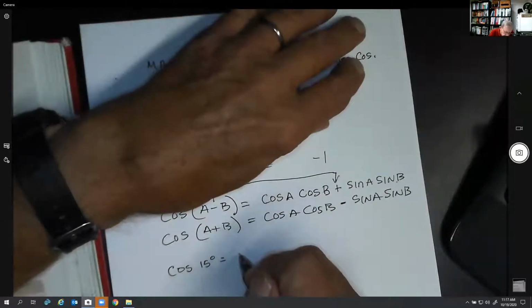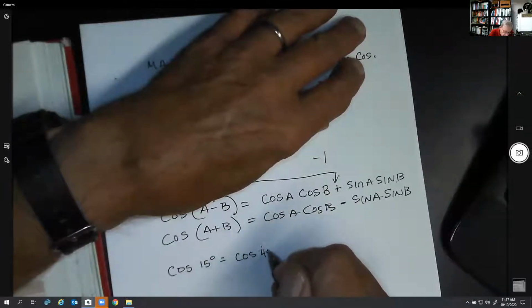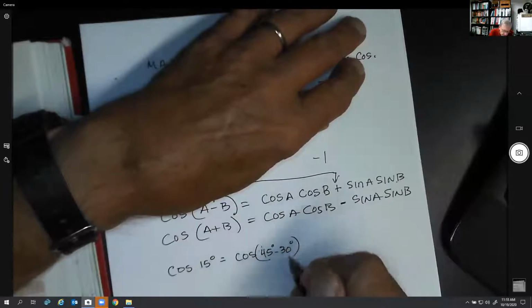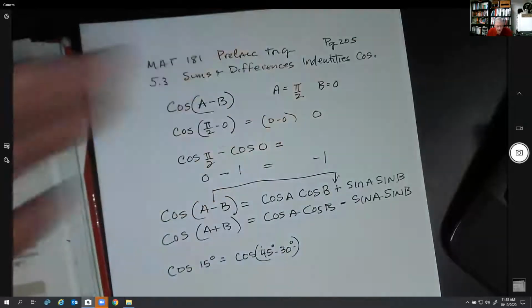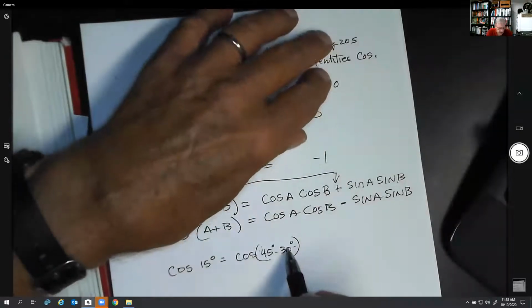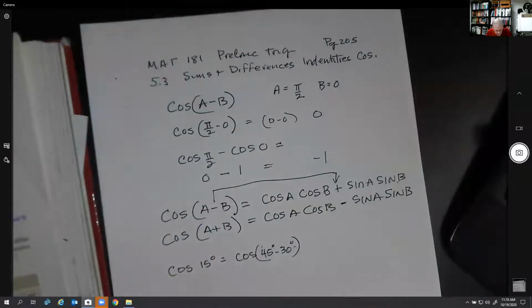So they said, let's write this as the cosine of 45 degrees minus 30 degrees. Would that give me 15 degrees? Yeah, if I just subtracted them. But what is the cosine of 45 minus 30? It's cosine, cosine, sine, sine.